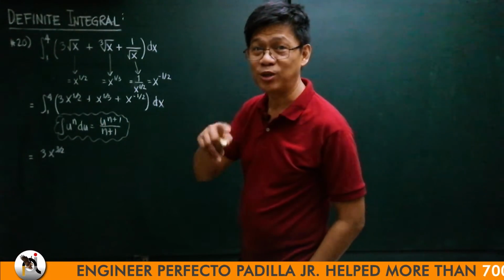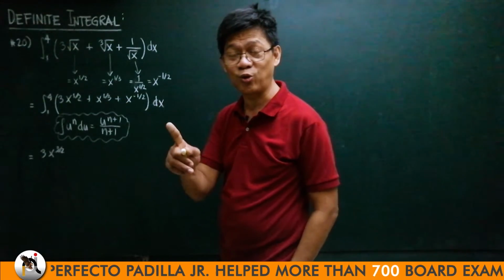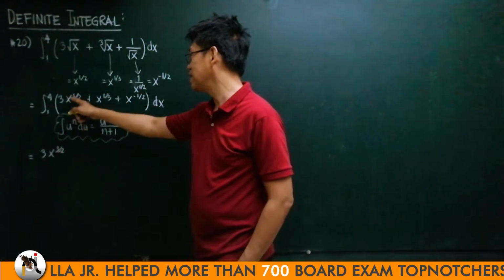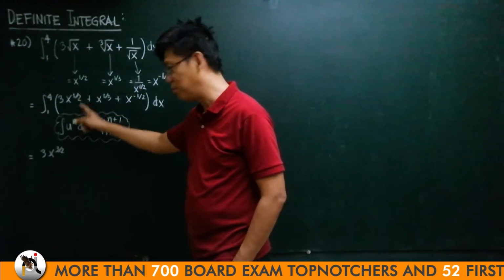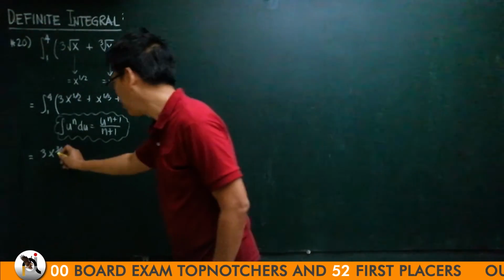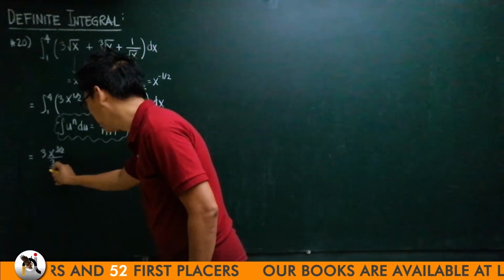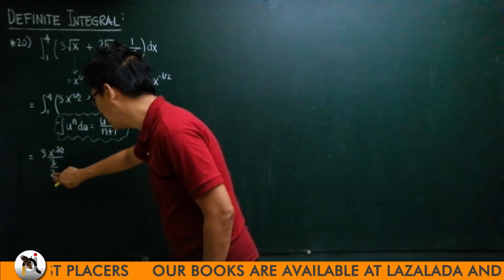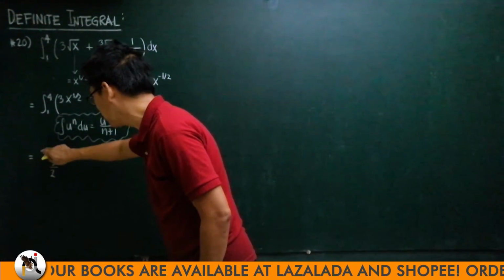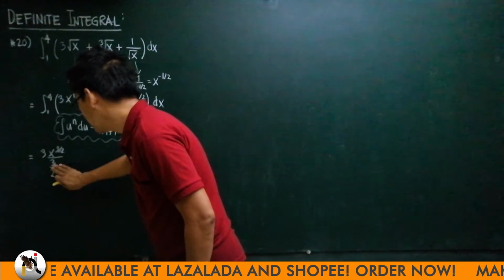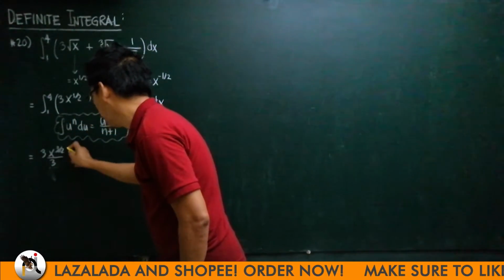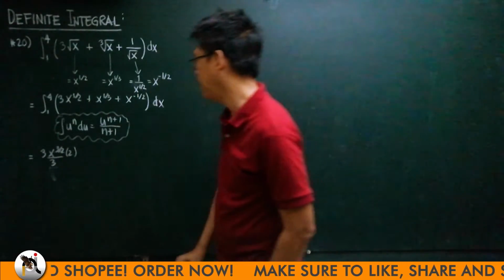So when you add 1 to a fraction, you just add the numerator and the denominator over the denominator. So x to the 3/2 over 3/2. So we can bring up the 2 to here. So 3 times 2. Okay?